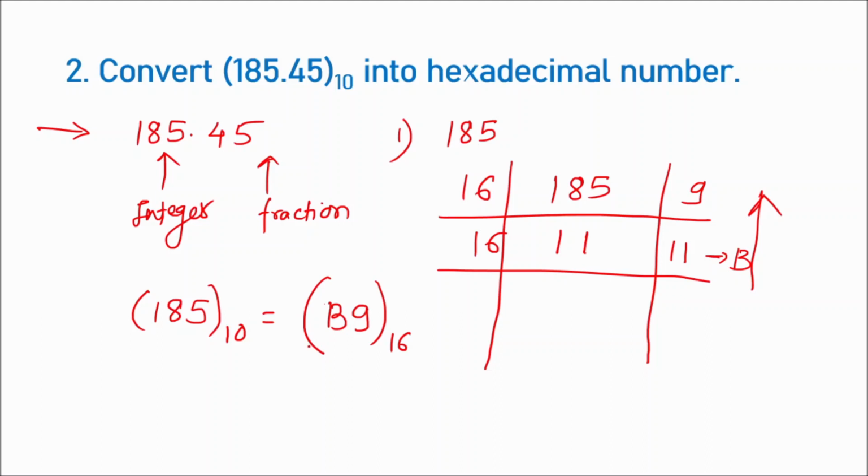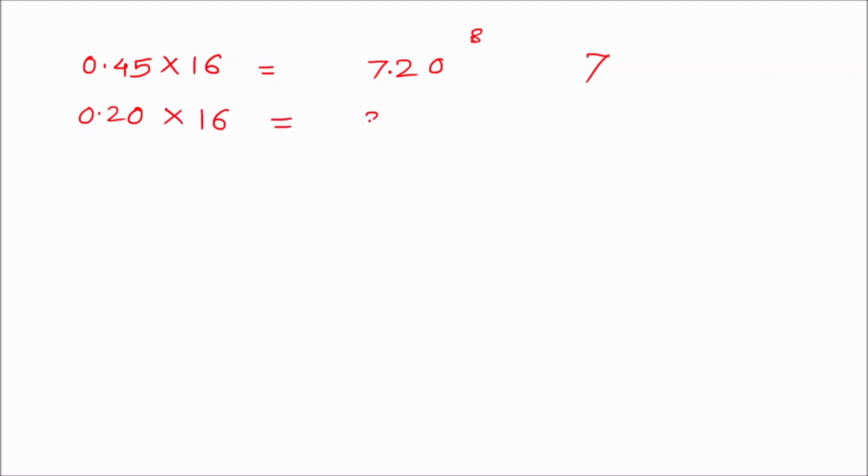Now what about the fraction part? You can separately calculate for the fraction part, that is 0.45 multiplied by 16, which is 7.20. So the integer is 7, which you have to take aside. Then take the 0.20 fraction times 16, it is 3.2, so it will be 3. Again you have to take 0.20 times 16, so 3.20, so 3.